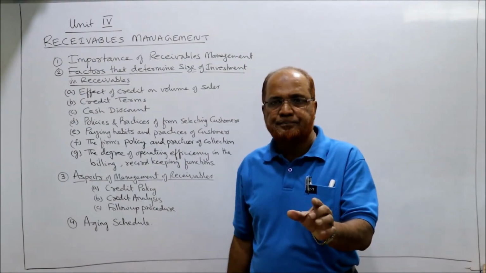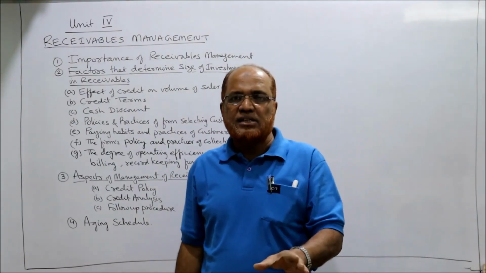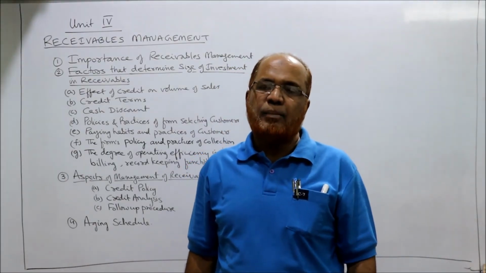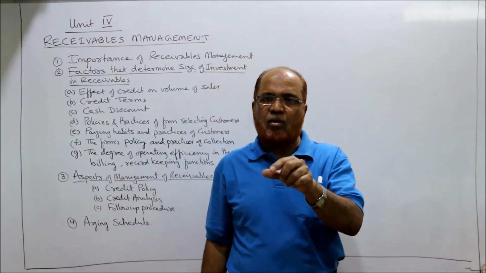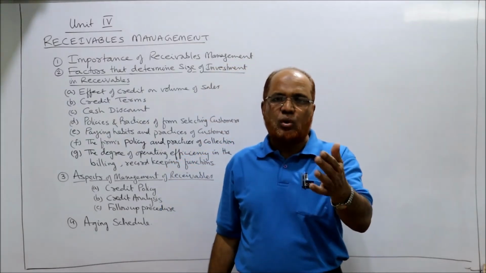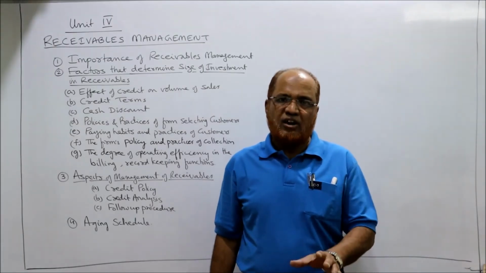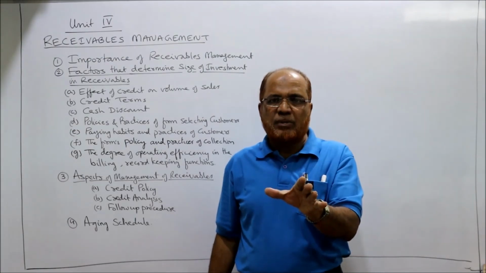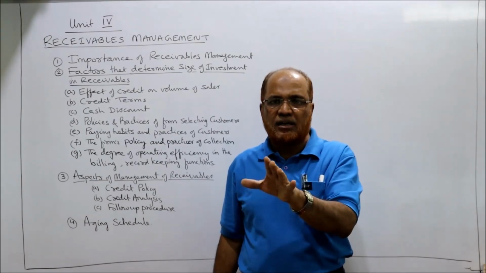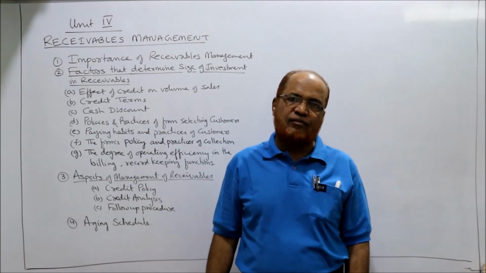Now simply I can say aging schedule is a statement which is prepared by listing all the customers according to their age, when we sold the goods, when the amount is due, when they have paid the amount. By preparing this statement, we can be able to understand, get the knowledge about the quality of debtors.